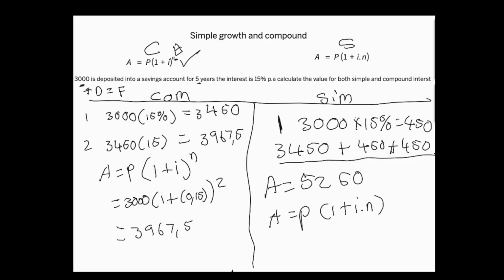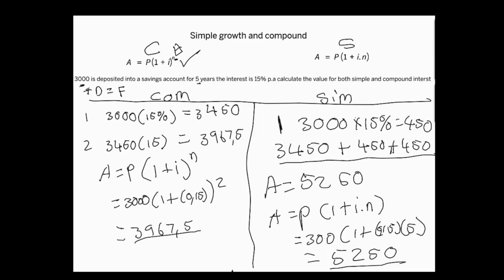So it's going to be 3,000, 1 plus 0.15 multiplied by 5 years, which will give you the same answer of 5,250 Rand. And that is the difference between compound and simple interest.